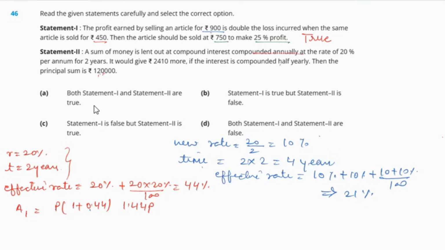So the amount is equal to P times 1 plus the rate. If we convert it, we get 1 plus 0.1, and the entire thing is raised to the power 4. When we solve it, in the end we get P times 1.4641.